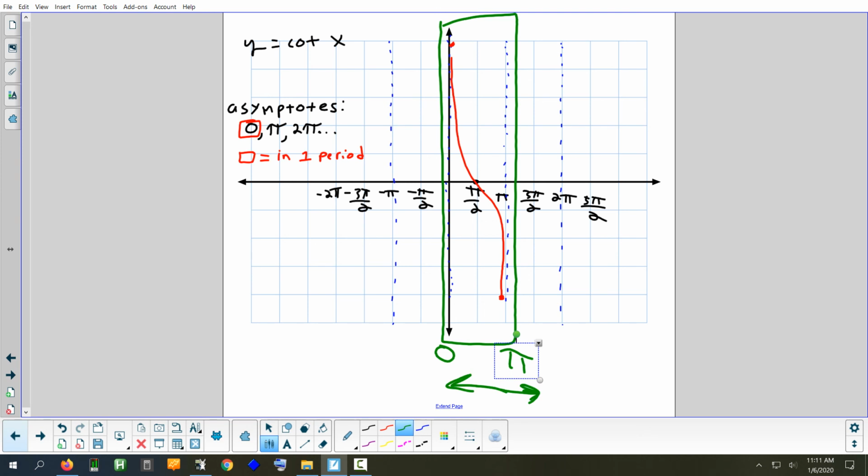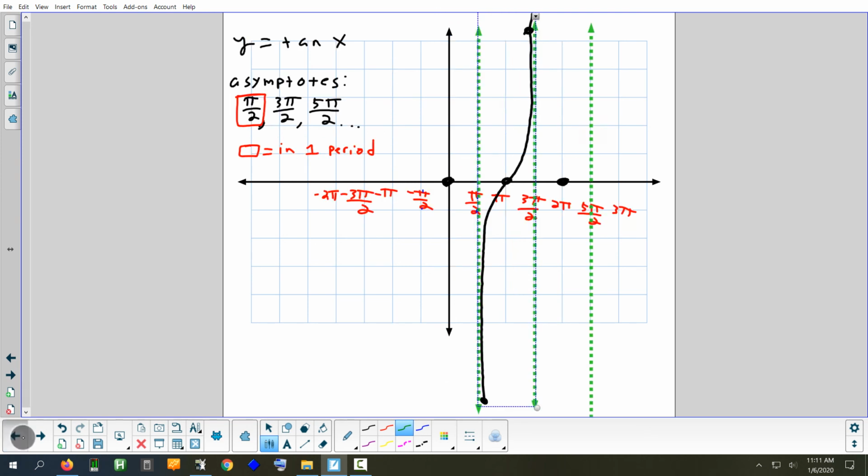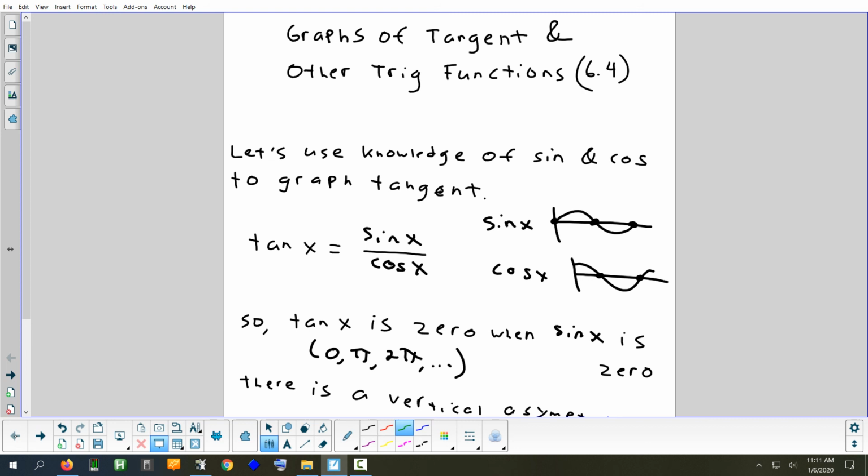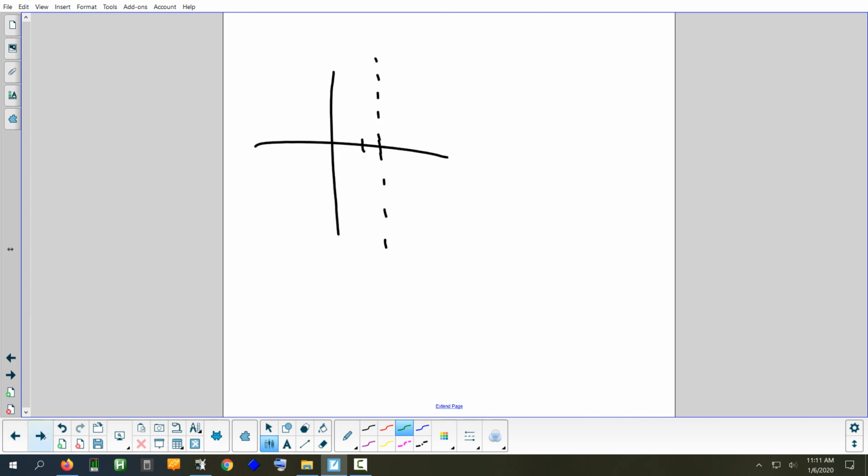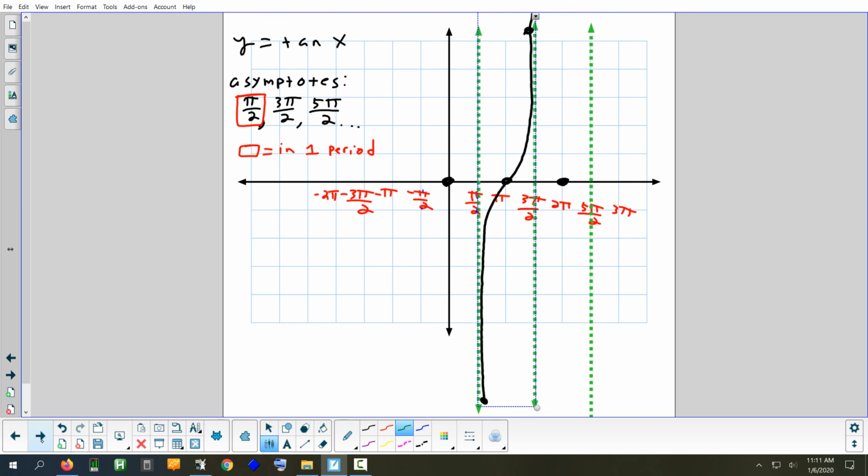That's different than sine and cosine. When we did sine and cosine, how long was it to get from here to here normally? 2 pi, 6.28 units. What that means is tangent and cotangent have a shorter cycle than sine and cosine, naturally.